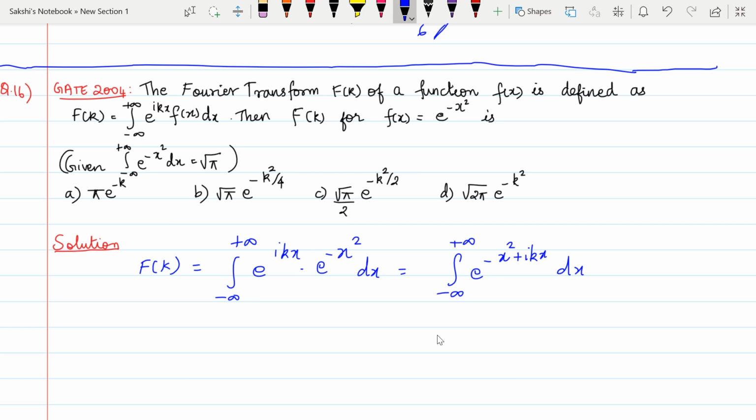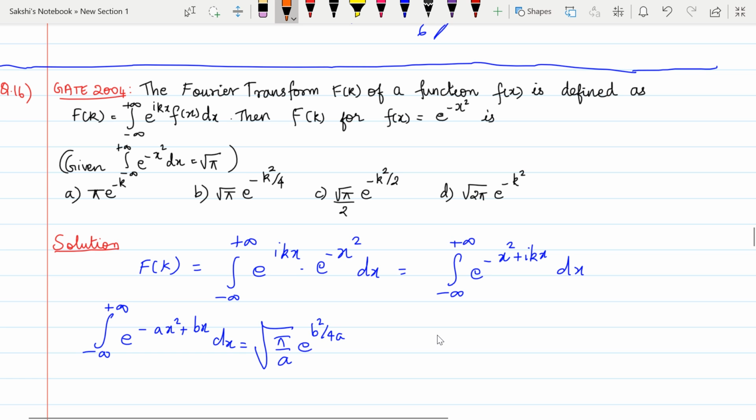Now we can use this formula: the integral from minus infinity to plus infinity of e power minus ax square plus bx dx is equal to root pi by a times e power b square by 4a.